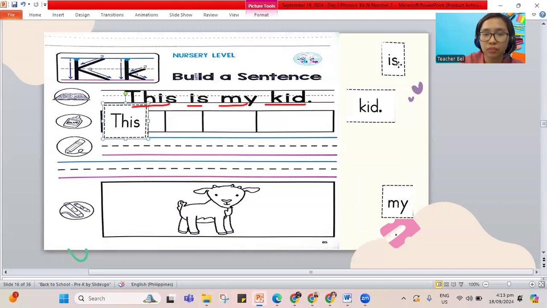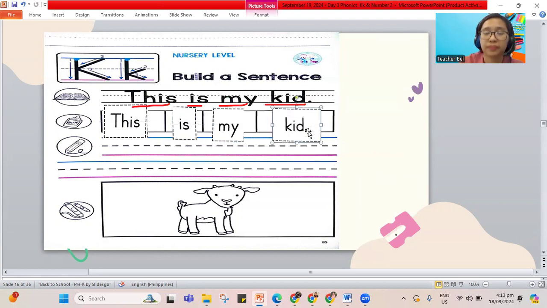This is my kid. And when I write, I start with the blue part going down. Capital T, that's the first letter of your word. T, H, I, S. Remember, lowercase letters like I and S, the ones that are very small, put it under the broken line.